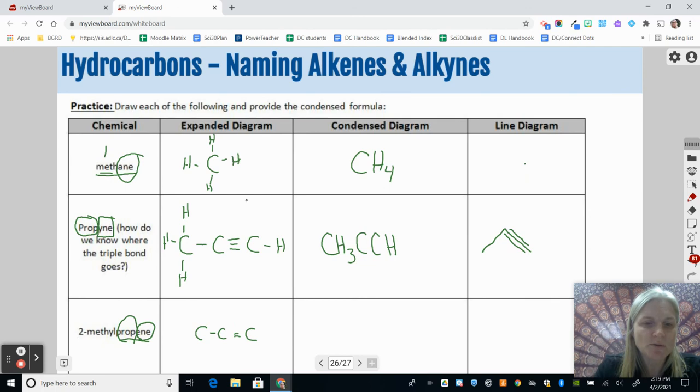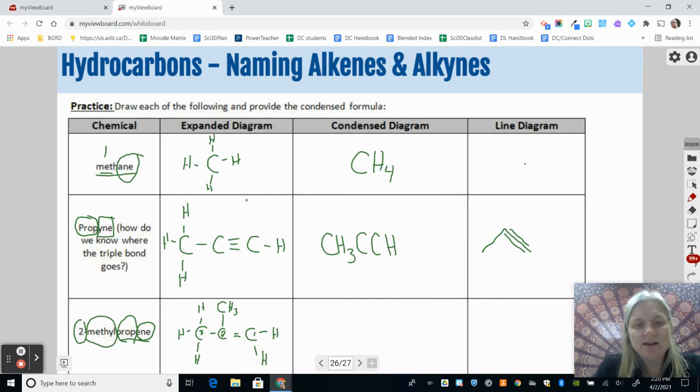So this becomes carbon 1. 1, 2, 3. And then we have to add a methyl group to carbon 2. So methyl group on carbon 2. And then we're going to fill in the rest of the hydrogens. So this needs 3 hydrogens. And this needs 2 hydrogens.